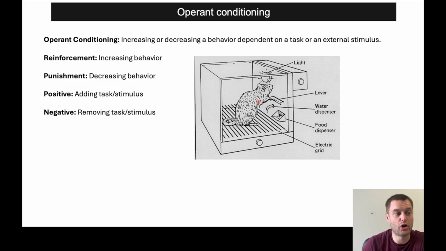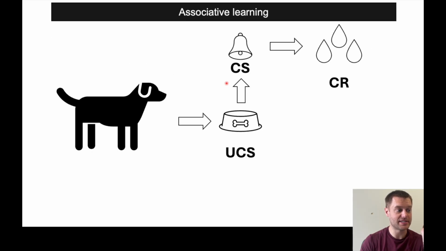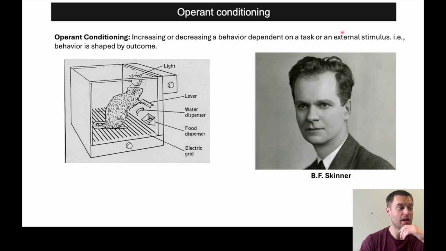And then there's also an electric grid on here, which may shock the rat, and we'll get into why we would do that. Also, there's a light here, and that's because operant conditioning more or less is a higher order form of learning from associative learning. So when you have operant conditioning, it is going to inherently integrate associative learning. Associative learning, like I said, is this unconditioned stimulus turning a neutral stimulus into a conditioned stimulus, and then you eventually getting that conditioned response, right?